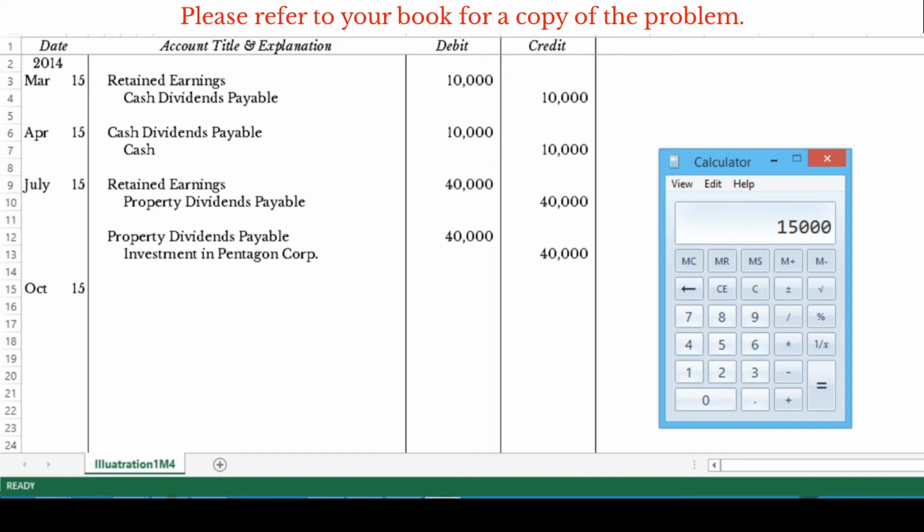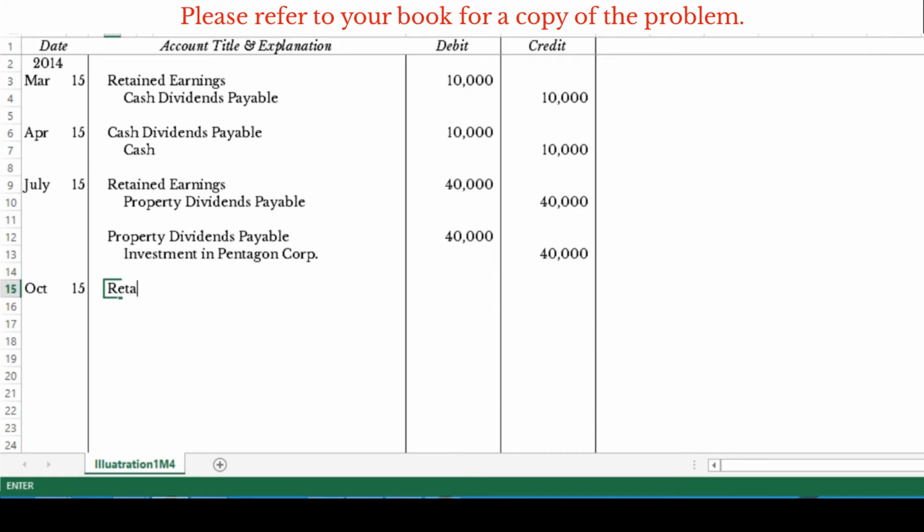On October 15, we will debit retained earnings at 15,000. Then we have share capital dividends distributable at 15,000. So, ito na po yung tinutukoy nating distributable doon sa ating previous video. Dito po nanggagaling iyon pag nag-declare tayo ng stock dividends.